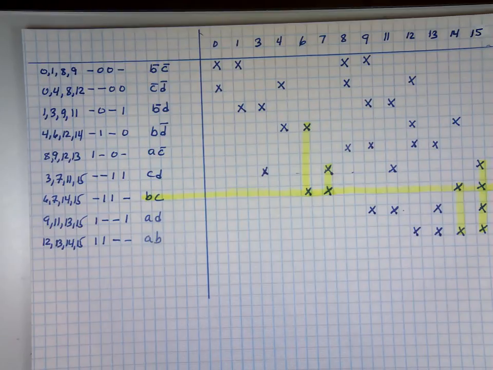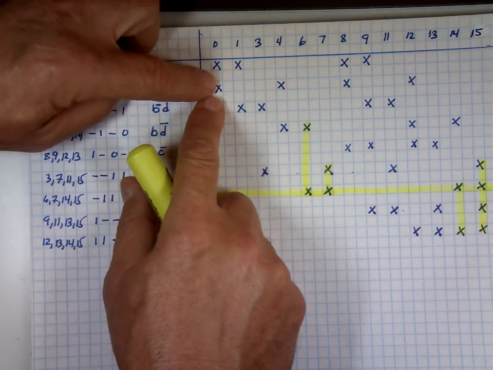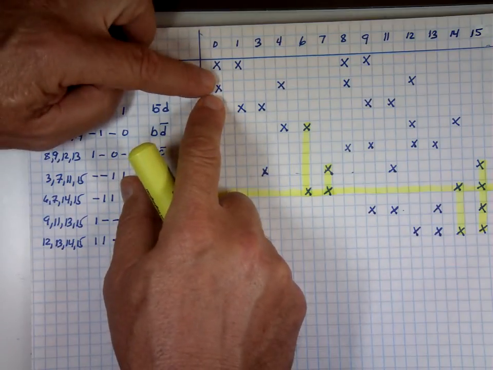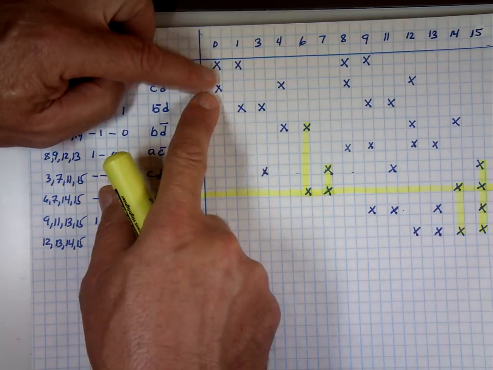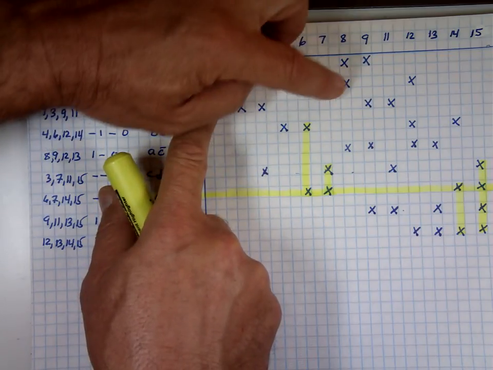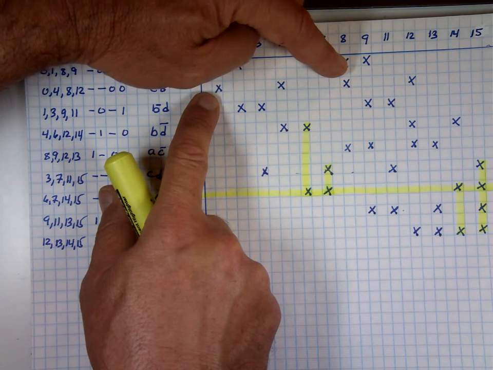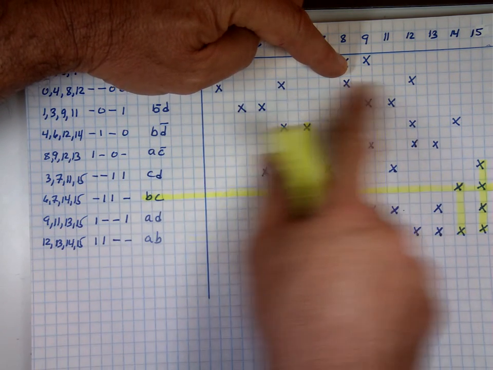Now I'm looking at the tough ones to grab. I can take this with the top, this one and that one, and I can kill all of these, but that still leaves me with this.